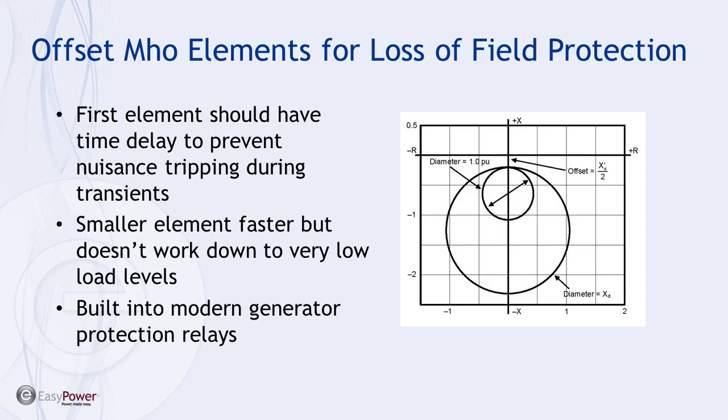The inner circle will trip basically instantaneously. So this is the typical protection that we use to detect loss of field, under excitation type issues. If you are trying to apply this, the relay instruction book will generally give you some guidelines for setting this. It's usually a function of the transient reactance and the synchronous reactance.